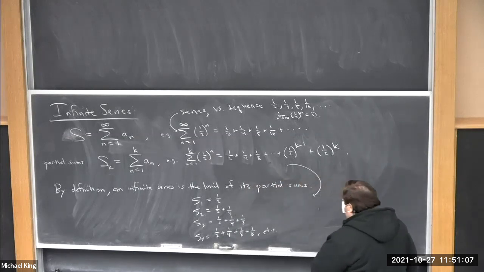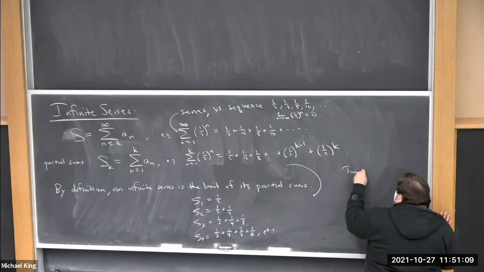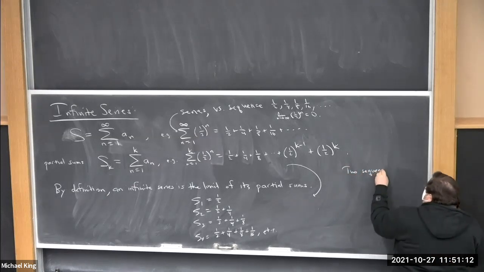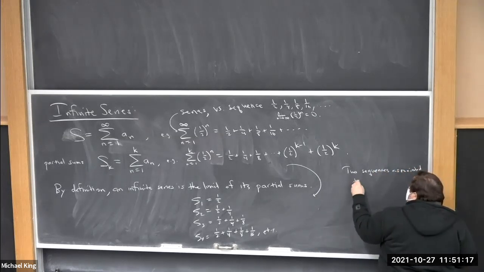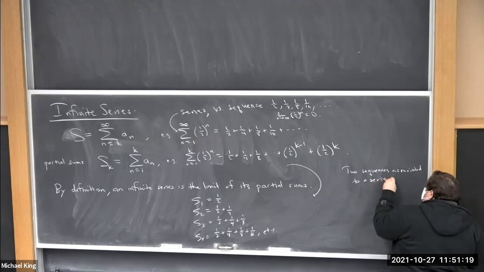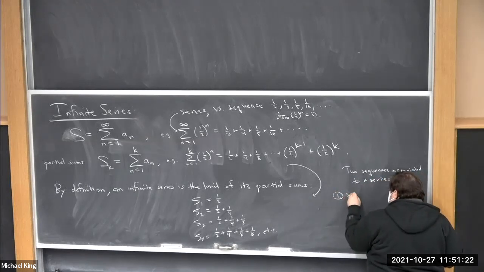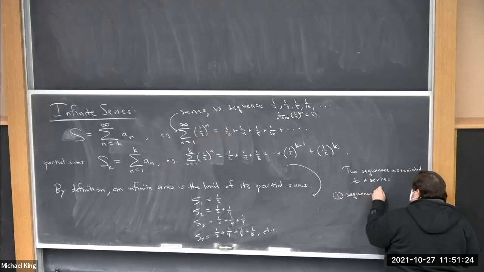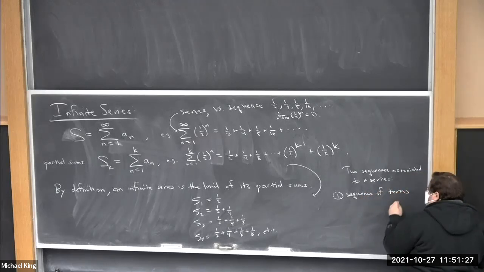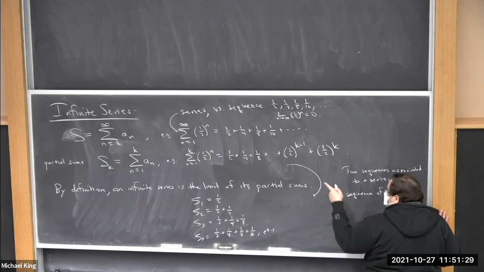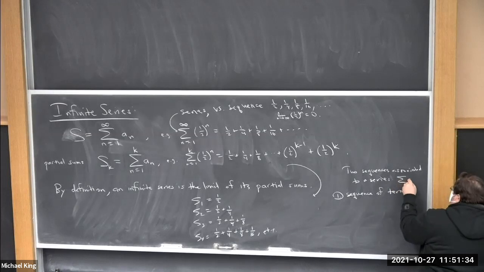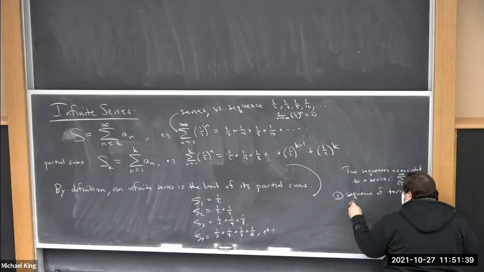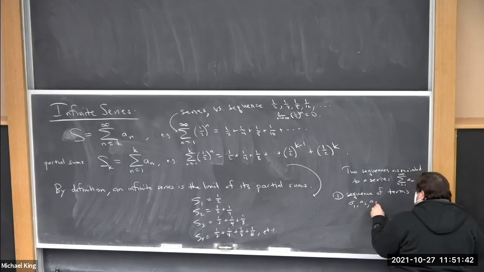So there are two sequences associated to a series. There's the sequence of terms: if we have a series, the sum of a sub n from n equals 1 to infinity, we have the sequence of terms a sub 1, a sub 2, a sub 3, a sub 4.